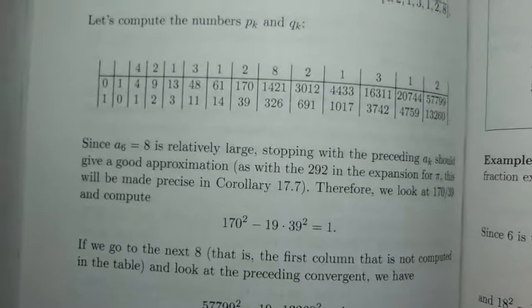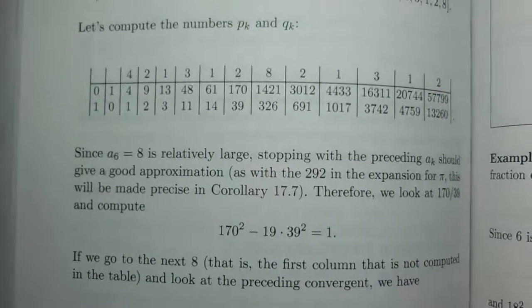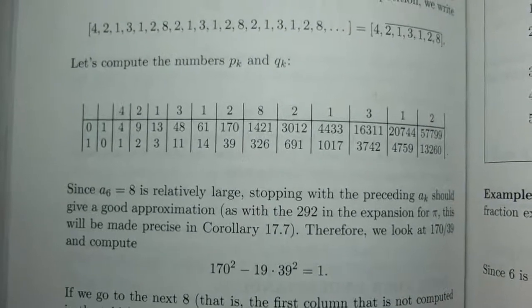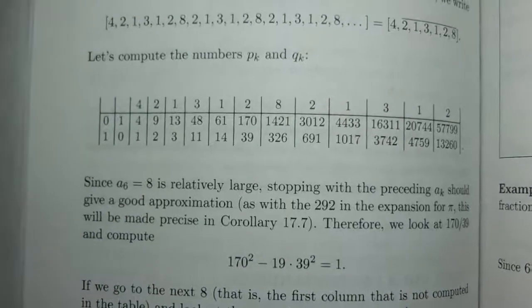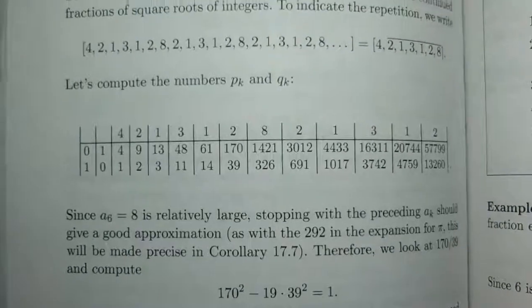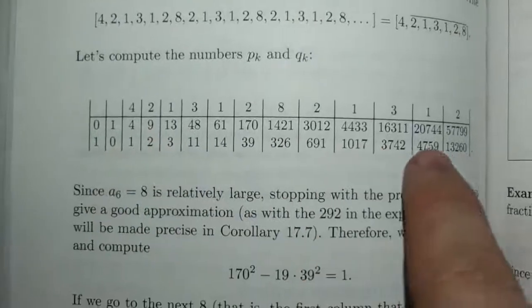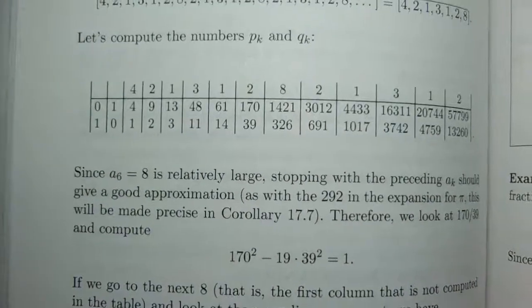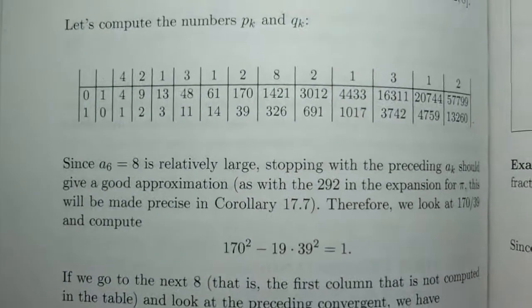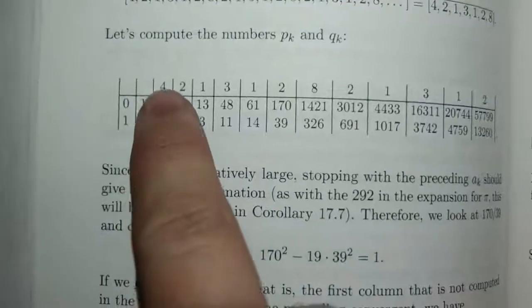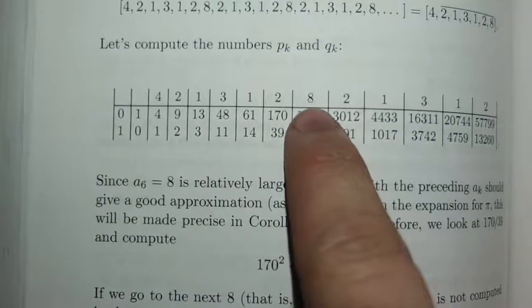Okay, there we go. So here are the numbers p sub k and q sub k for this continued fraction. These numbers can be computed in the exact same way that I just computed that table for the continued fraction.